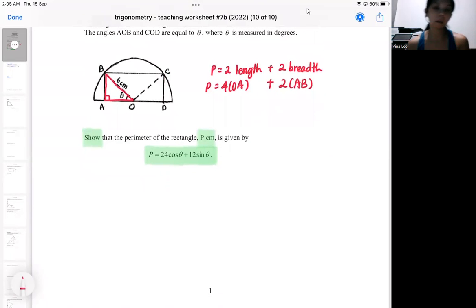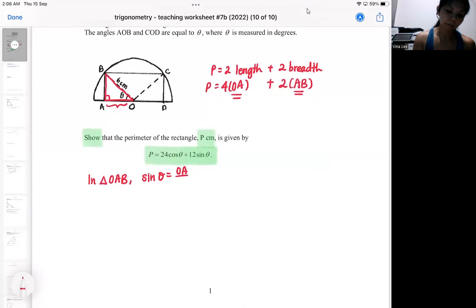So you do some thinking first. After some thinking, it will lead you to using trigo ratio. So it will be good if you stick to the triangle. So remember, your concern is to get OA, is to get AB. So for example, if I would like OA, that will be sine theta, cross multiply, that's my OA.